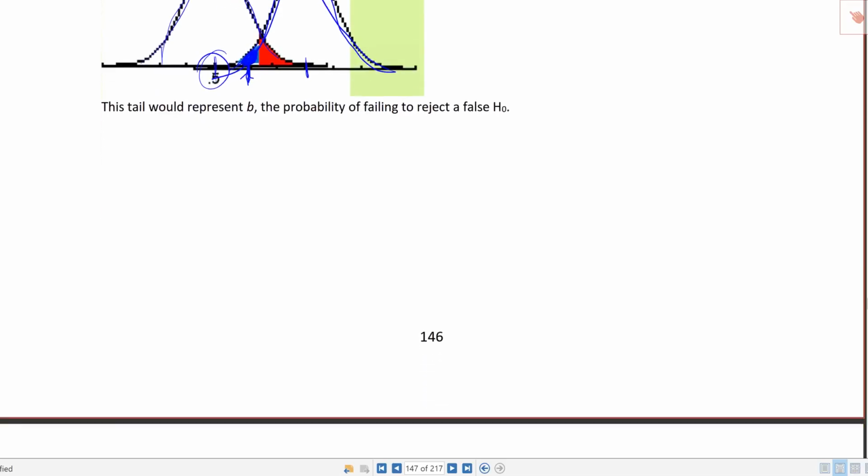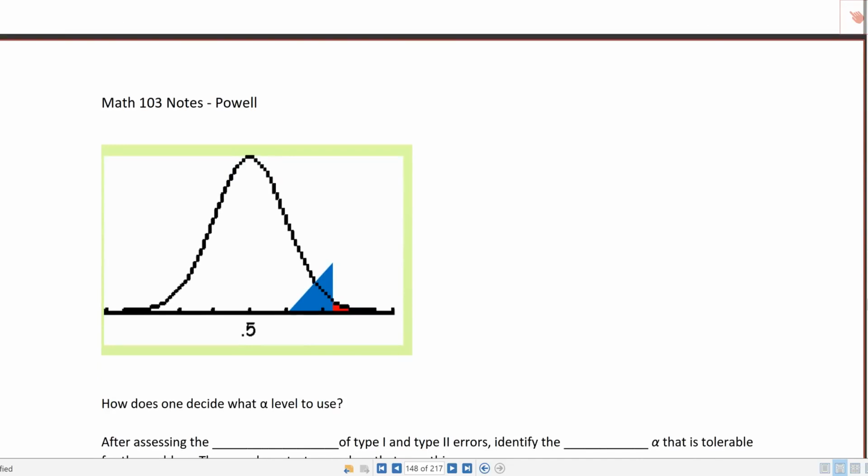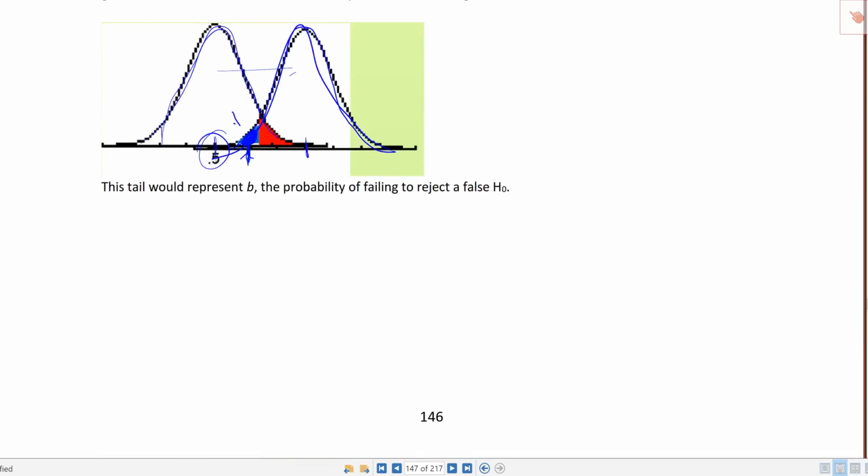Okay. If we look at this again, this is the type 2 error.